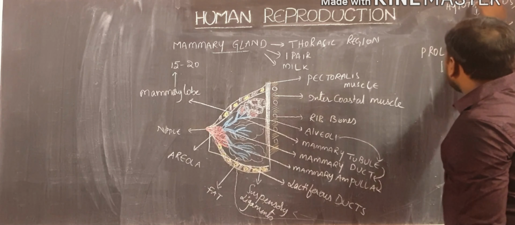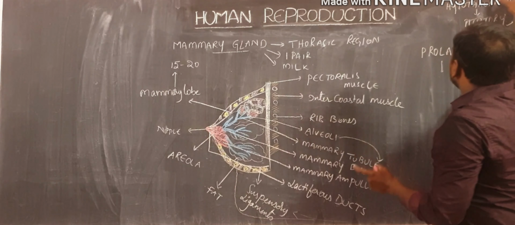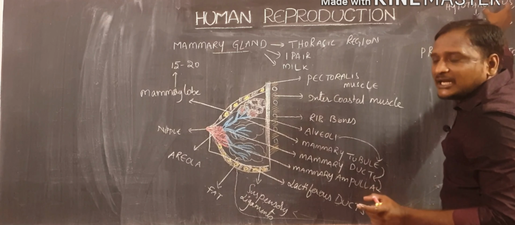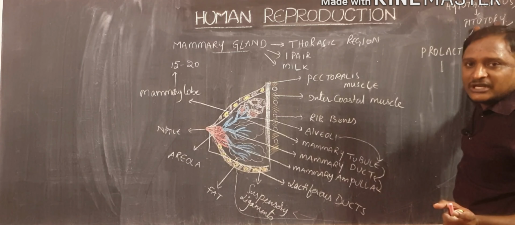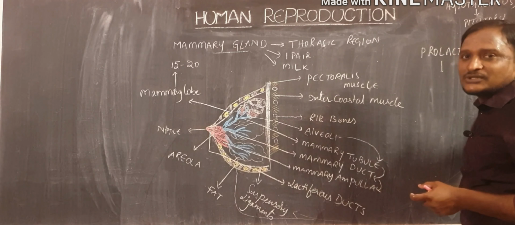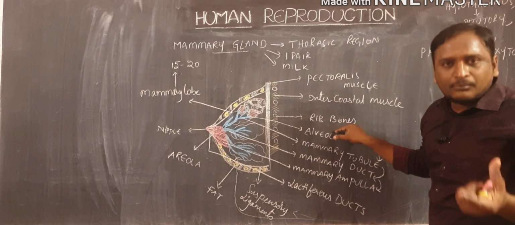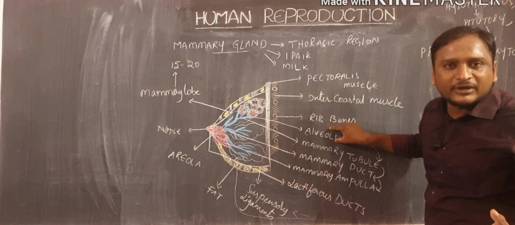So what is happening? When the baby is trying to suck the milk from the mammary gland, that stimulates the hypothalamus, and then the hypothalamus stimulates the pituitary gland, which releases two types of hormones, prolactin and oxytocin. Prolactin helps to produce the milk within the alveoli.